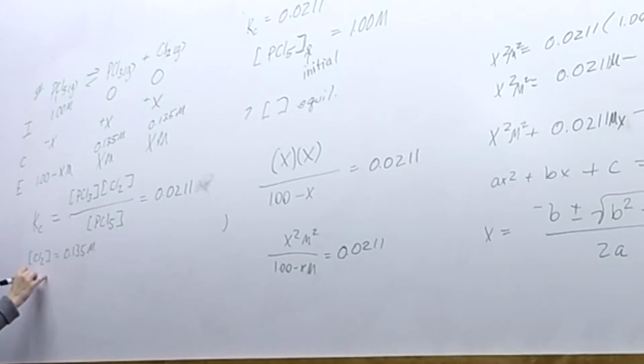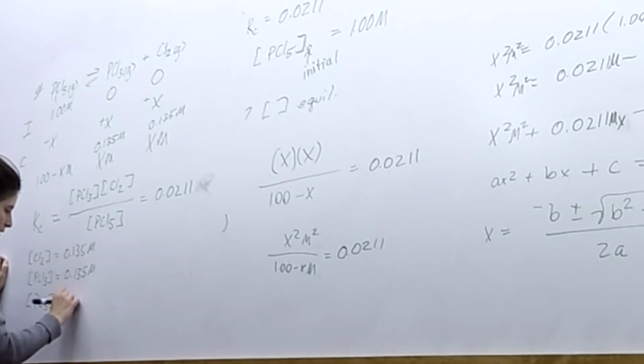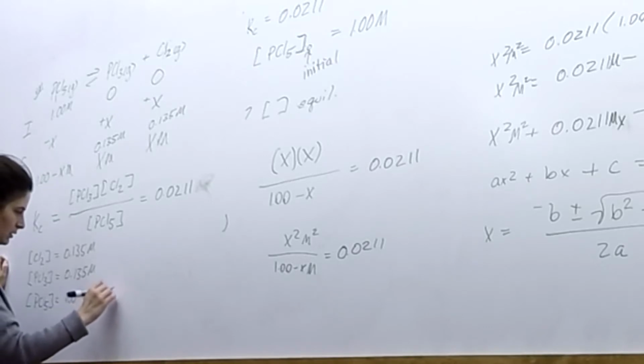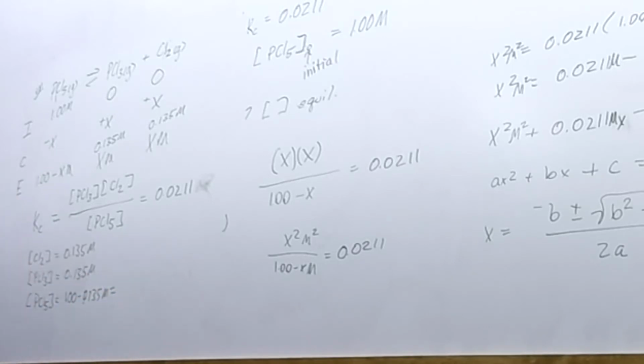The concentration of PCl3 is also 0.135. And then we'll have 1 minus 0.135.